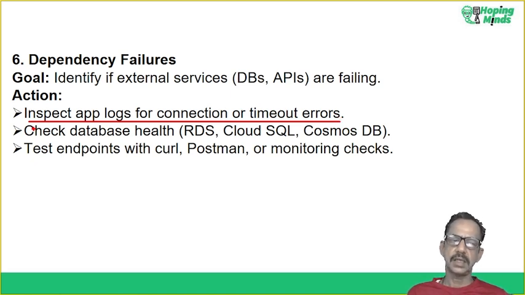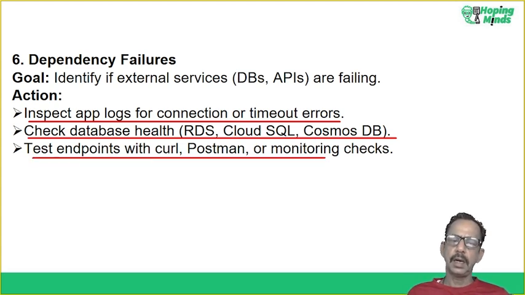Check the database health if you are facing any problem in the database: RDS in AWS, Cloud SQL in Azure, Cosmos DB in GCP. Test the endpoint with curl, Postman, and monitoring checks. Is that clear?